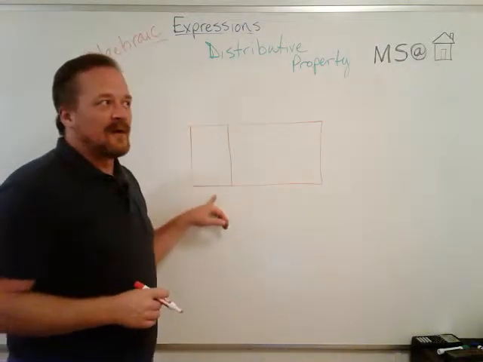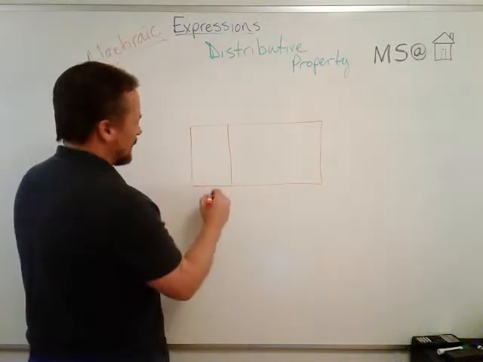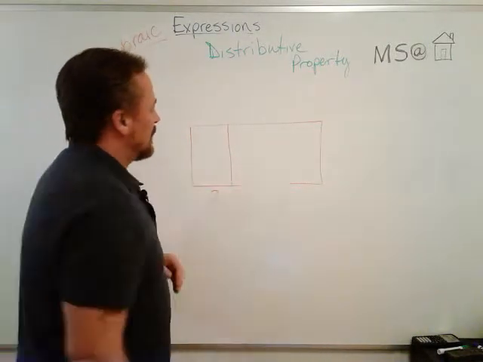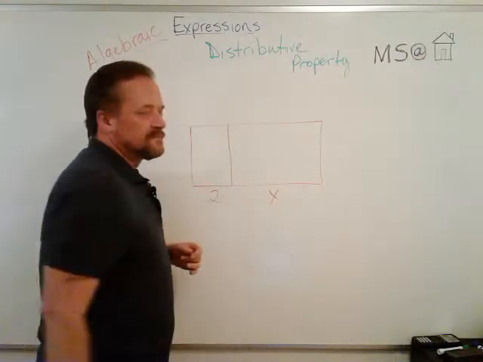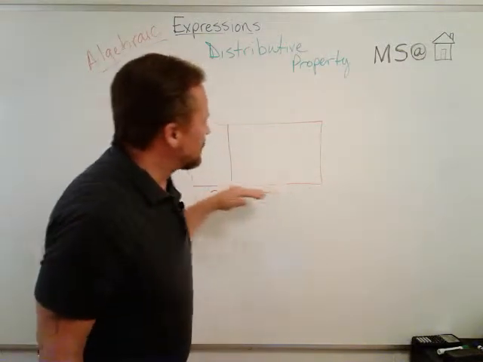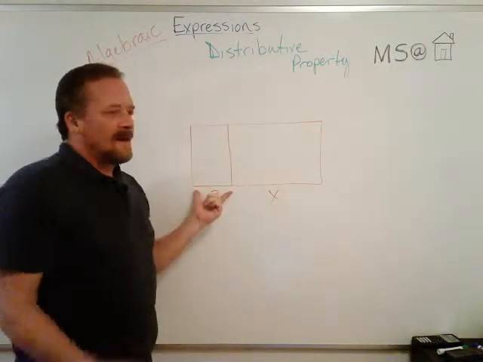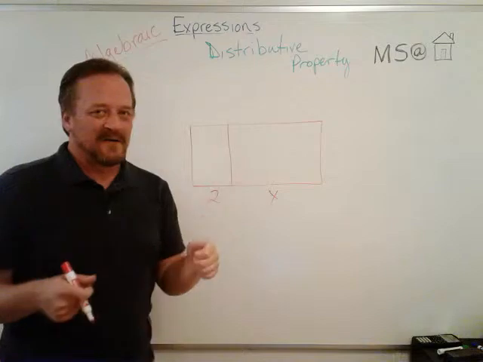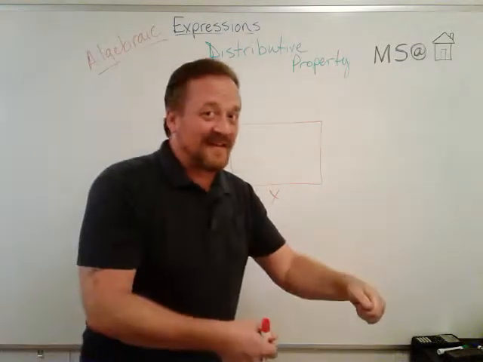This is going to be a width of, say, 2. And this will have a width of x. I don't know, I have no idea. This one, I had my little foot-long ruler, and I went 1, 2 feet.